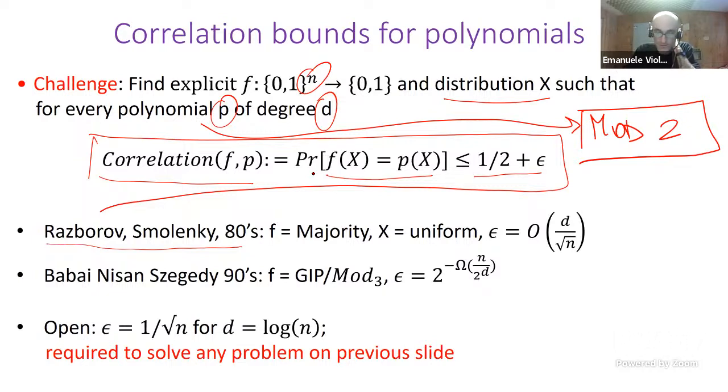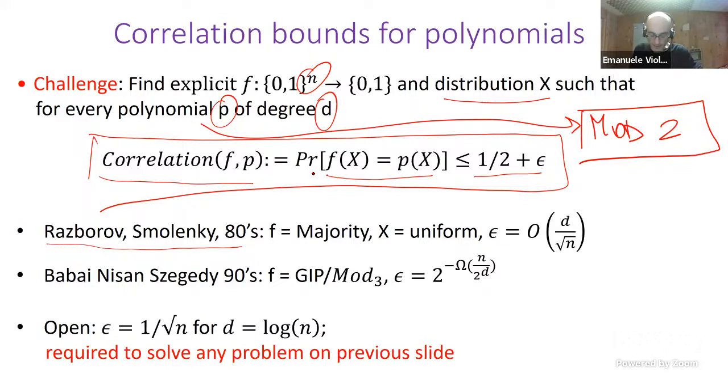Even this is open. And a candidate for that is parity, but we don't know how to prove it. But for now, after this parenthetical remark, you can think of mod 2 polynomials. The connections from before are for mod 2 polynomials, but this question here is even open for real.